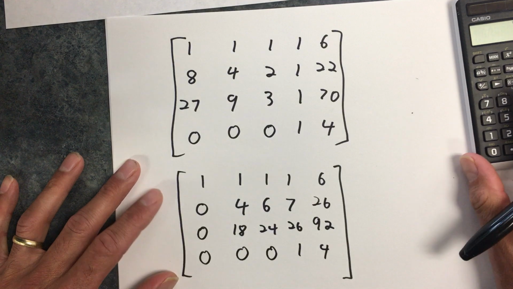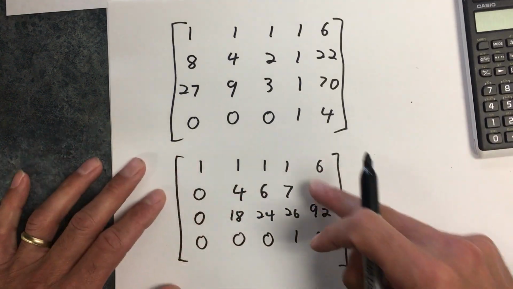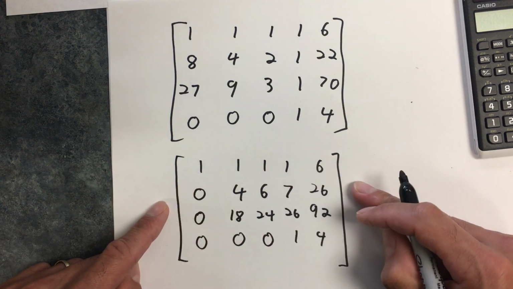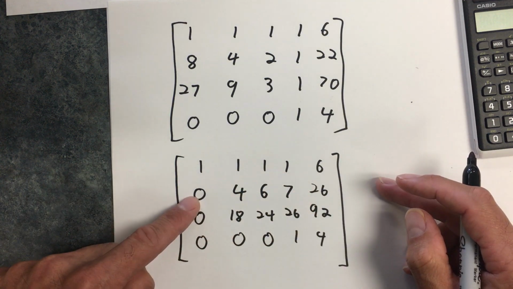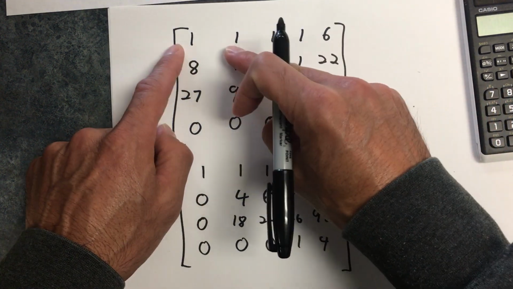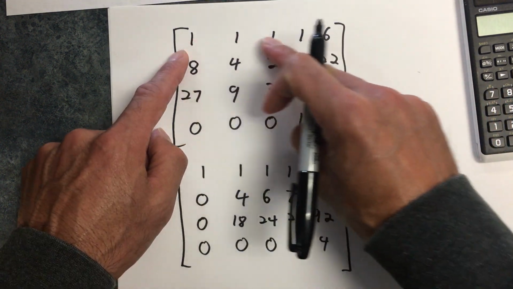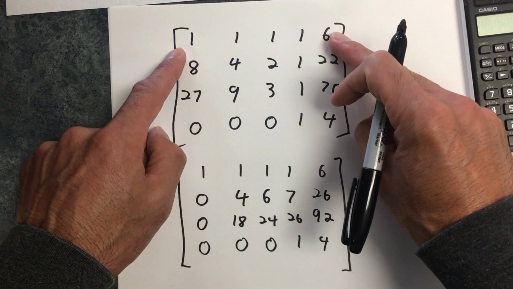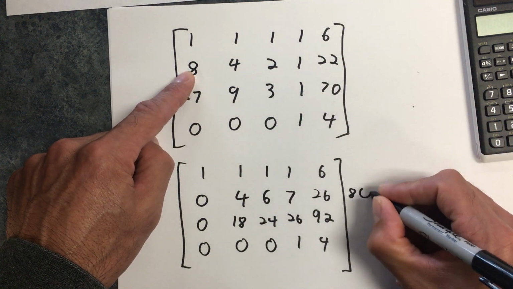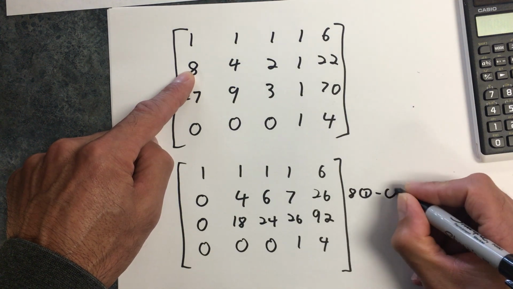Okay, now, if you look at this and you're a little bit unsure, it's nice as you start to write notes as to where each line came from. I got this line by, in the previous matrix, taking row 1, multiplying it by 8, and subtracting row 2.